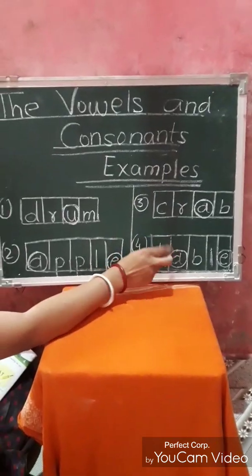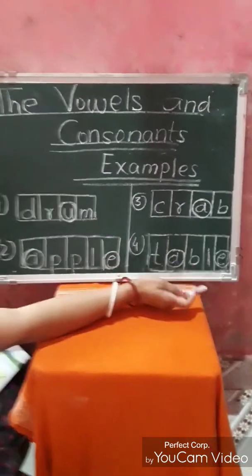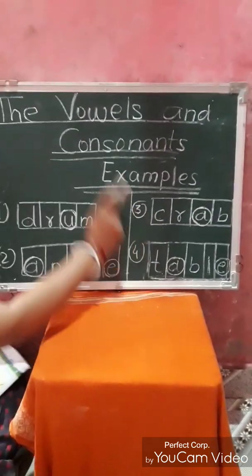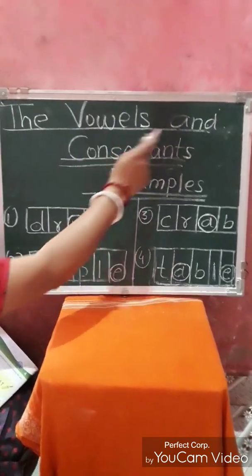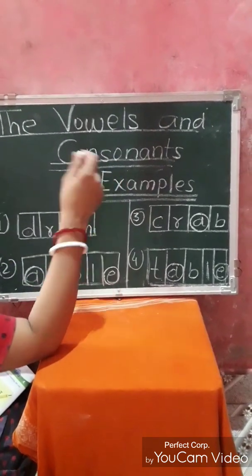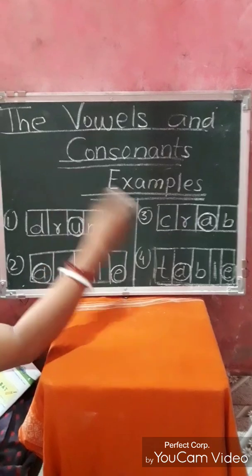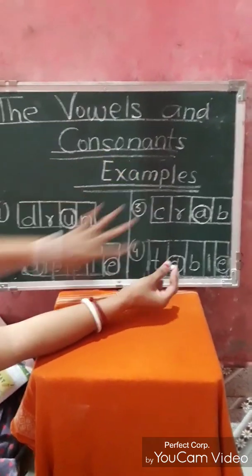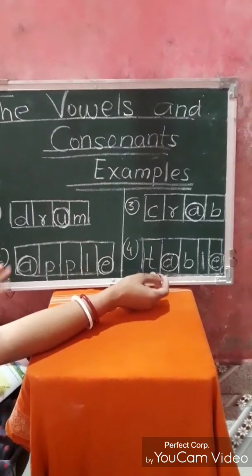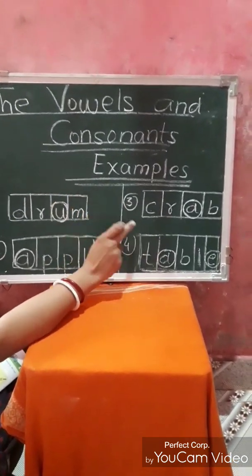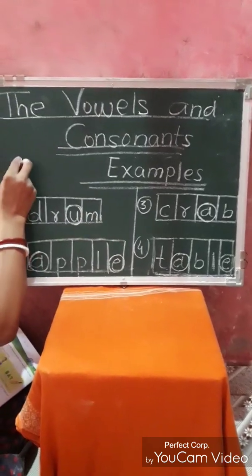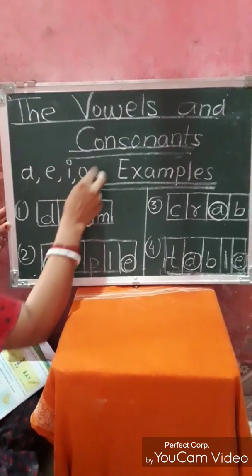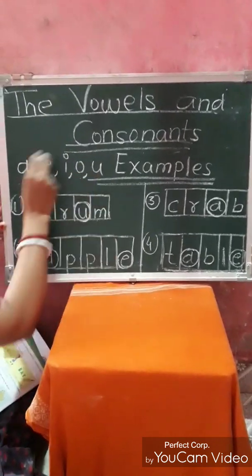We cleared our concept about the alphabet. In the second step we cleared our concept about the alphabetical order, and in the third step we are going to clear our concept about the vowels and the consonants. A minute ago we found out the vowel letters out of the alphabet letters, and on the basis of that we know that A, E, I, O, U, these are all the vowel letters.